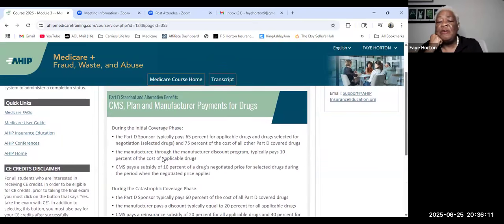CMS plan and manufacturer payments for drugs. During the initial coverage phase, the Part D sponsor typically pays 65% for applicable drugs and drugs selected for negotiation, and 75% of the cost for all other Part D covered drugs.